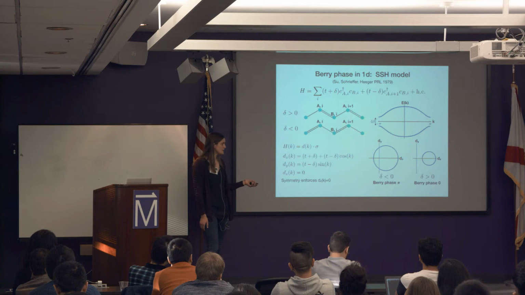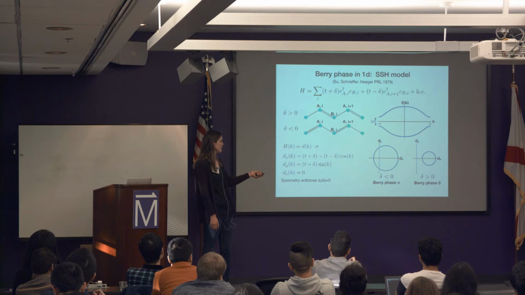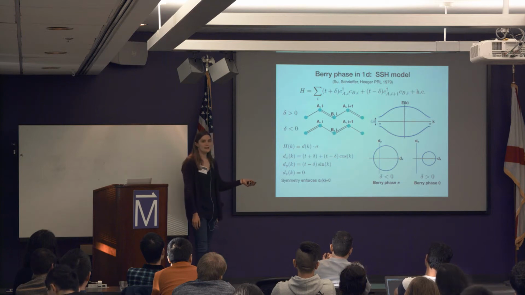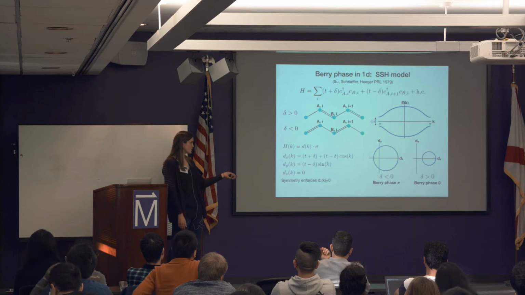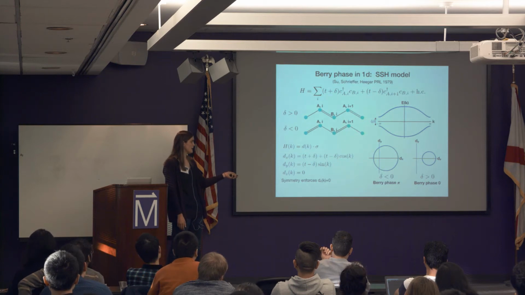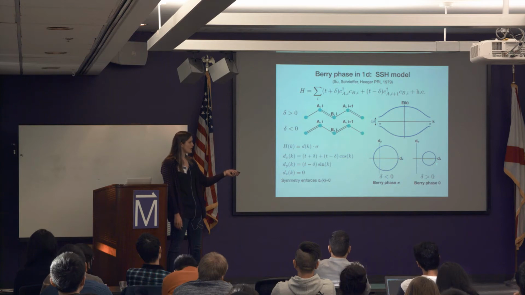It happens that in the case where this modulation parameter delta is less than 0, this complex number dx plus i dy winds around the origin. So we say it has a winding number of 1. And this winding number turns out to be equivalent to the Berry phase, so it corresponds to a Berry phase of pi. But in the case where delta is greater than 0, the winding number is 0.